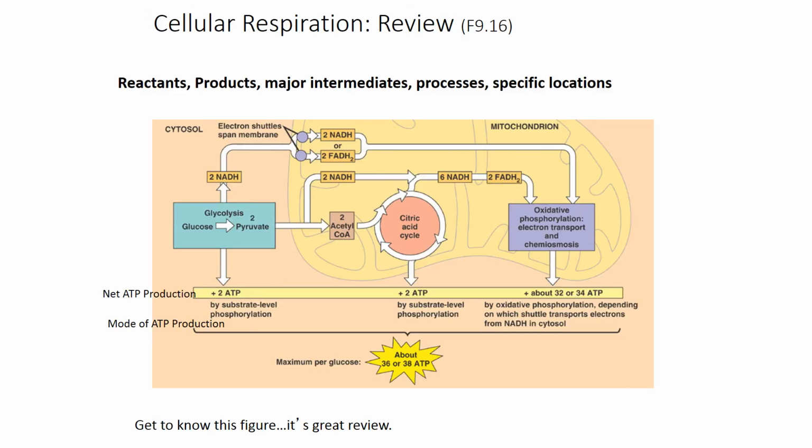And finally, the oxidative phosphorylation of the electron transport chain and chemiosmosis to make most of that ATP. And as you can see, per glucose, we're going to get about 36 to 38 ATPs. Why the variation? Well, that depends upon whether or not we need to utilize energy to shuttle electrons across or to get pyruvate into the cell.